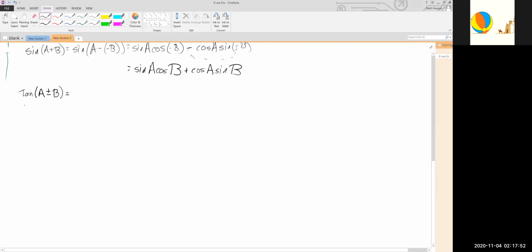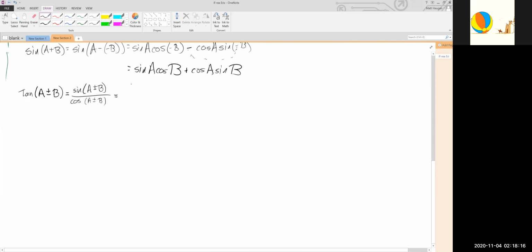Well, we know from our list of identities that the tangent of A plus or minus B is equal to the sine of A plus or minus B over the cosine of A plus or minus B. Well, gosh, we have tools for sine and cosine, so let's just use them.